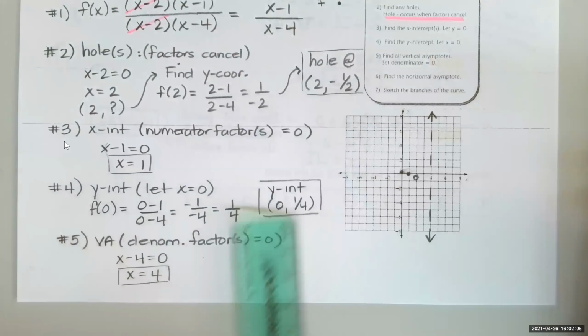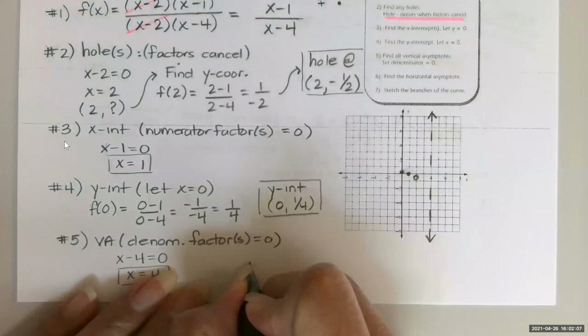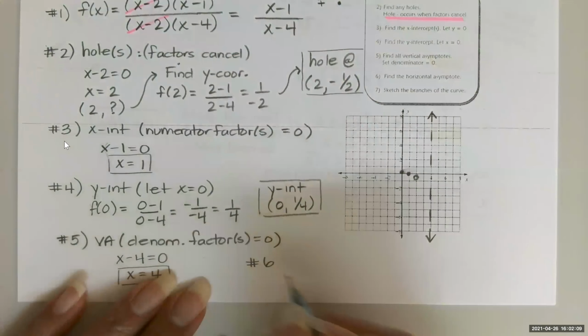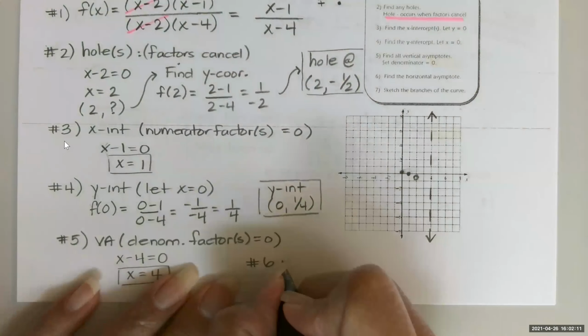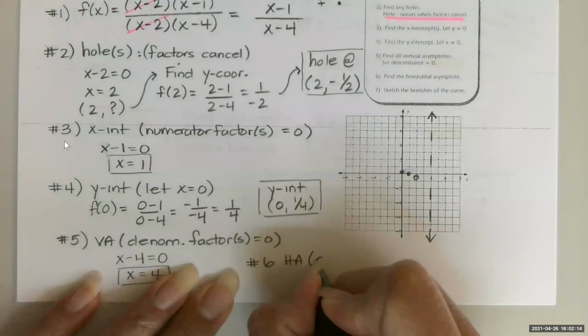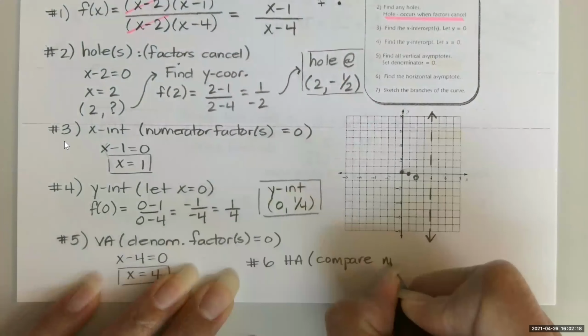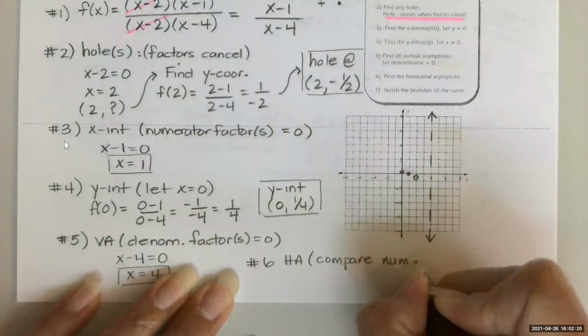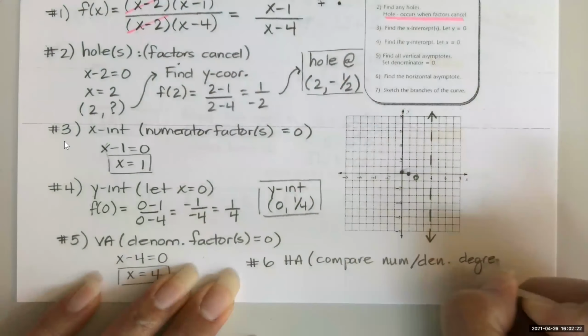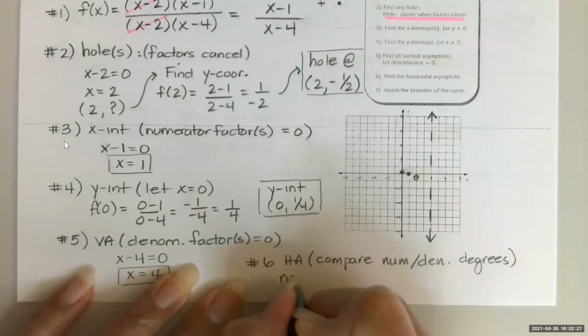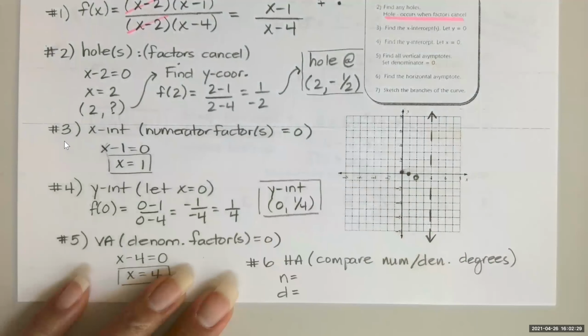And now let's proceed to find our horizontal asymptote. For the horizontal asymptote, we compare the numerator and the denominator degrees. So we look at the original function.